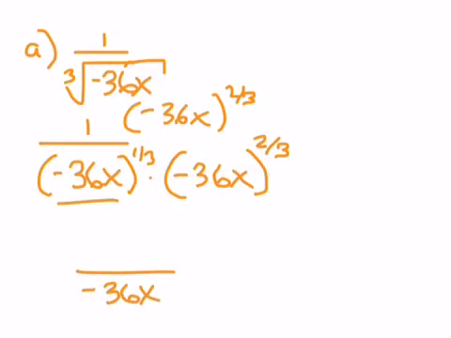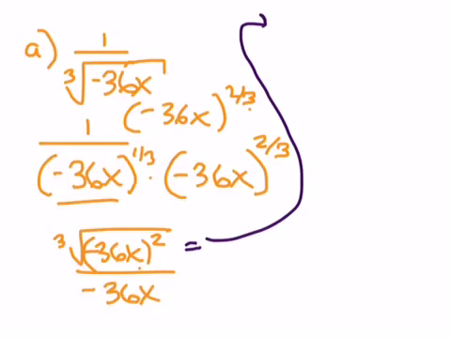And then in the top, my cube root of negative 36x quantity squared. I'm going to go ahead and square the stuff that's inside there. So negative 36 squared is 1296, and I've got my x squared under there.